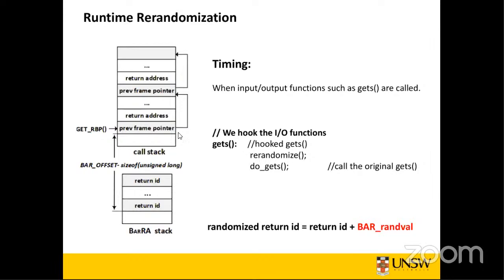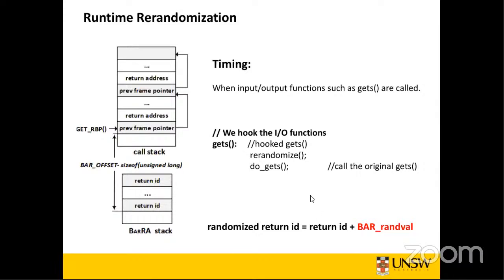When the return address is pushed on the core stack, we also store its corresponding return ID on the BALA stack. At any time, we can generate a random value and add it to each return ID on the BALA stack, as shown in this rule. In this way, all these return IDs on the BALA stack can be randomized.